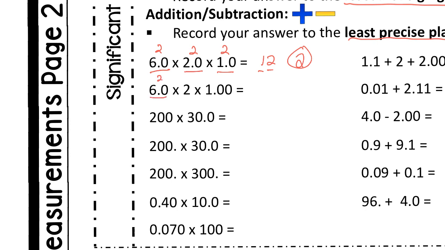This has 2 significant figures. This has 1 significant figure, and this one has 3. Because this number only has 1 significant figure, I'm going to need to round my answer to 1 significant figure. When I put that in the calculator, I get 12. Now, rounding rules, if you're remembering back to elementary school: if the digit is 5 or greater, the number rounds up.